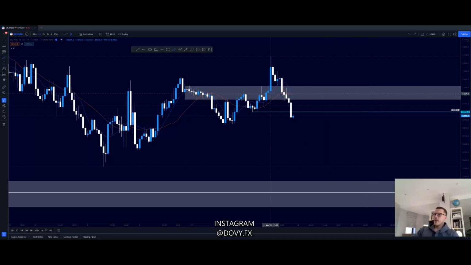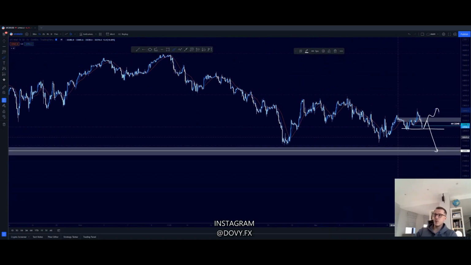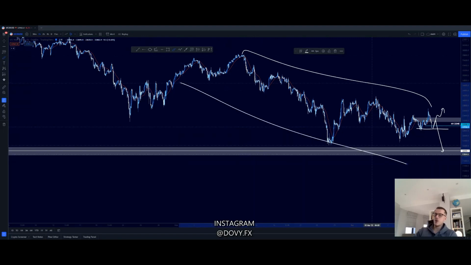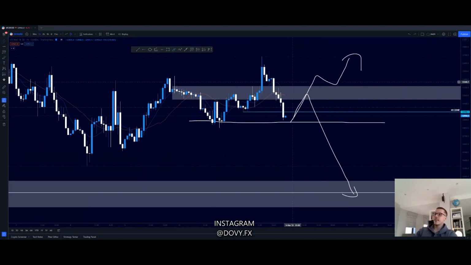Since I have my overall bias bearish, I'm going to be looking for short positions from here. I'm not going to be looking for long positions to the upside, because that's why we did the daily and 4-hour time frame analysis. We identified that the overall trend is bearish, so I decided that it's more probable that the price is going to go down than up.